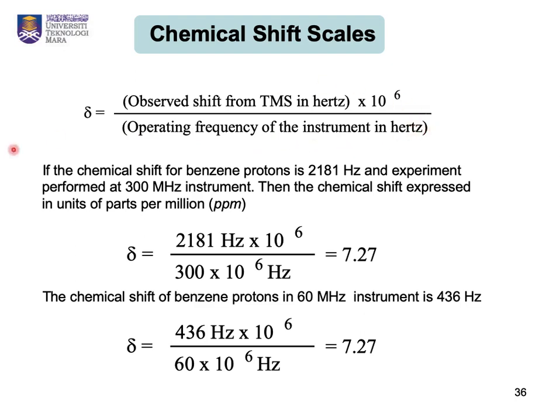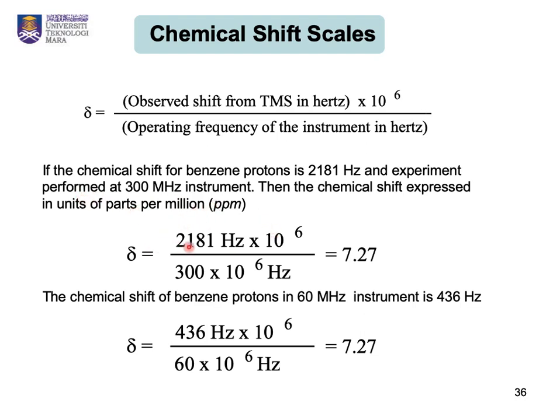So for example, the question is, if the chemical shift of the benzene proton is 2181 hertz and the experiment is performed on a 300 megahertz instrument, this is the strength of the magnet, which is constant and depends upon what magnet you are using in the NMR, right? Then the chemical shift is expressed in the unit of ppm, parts per million.